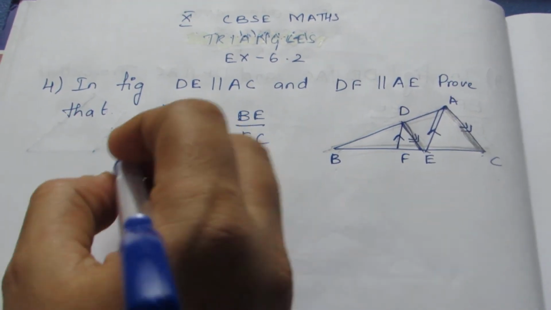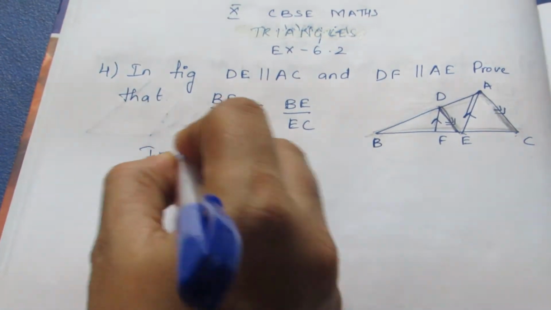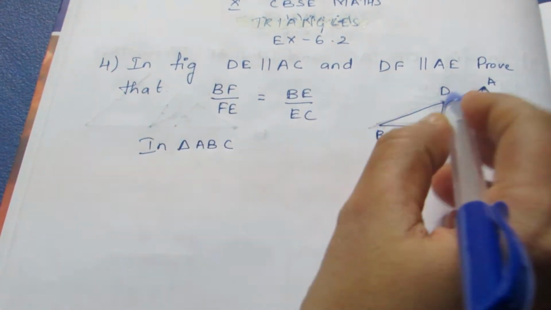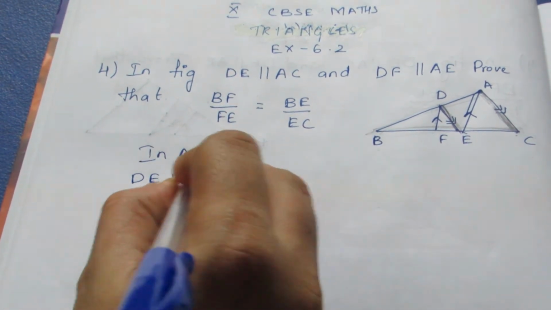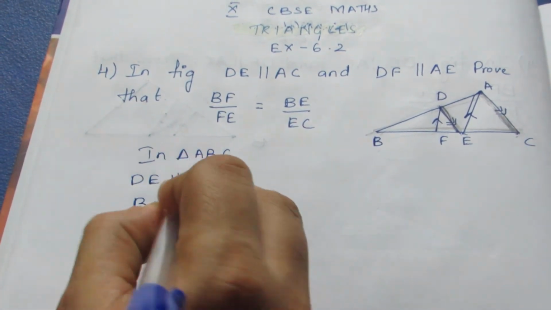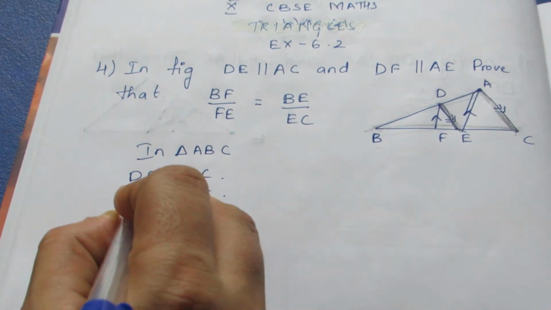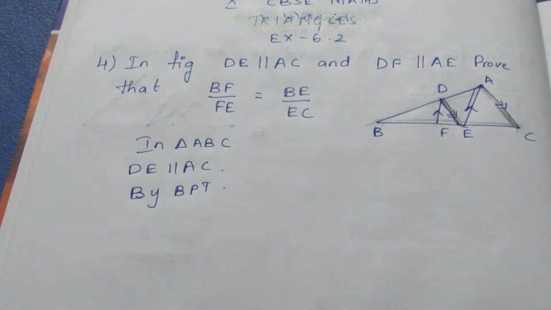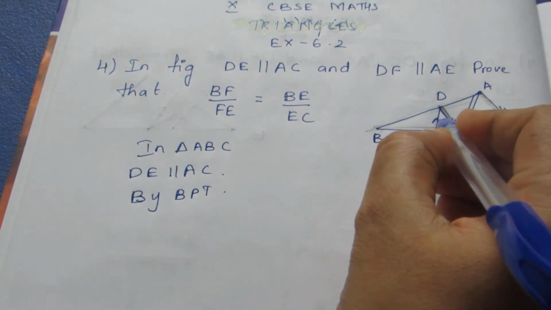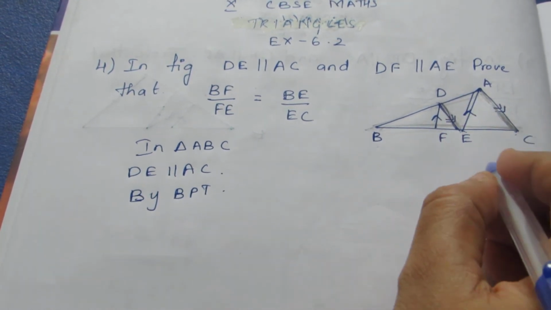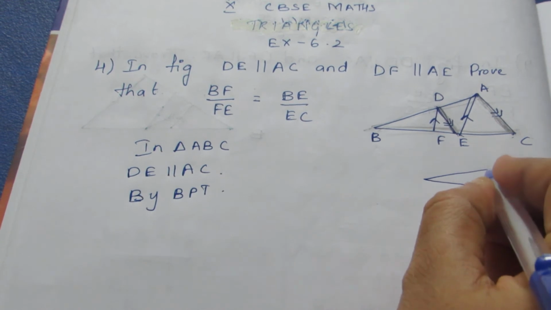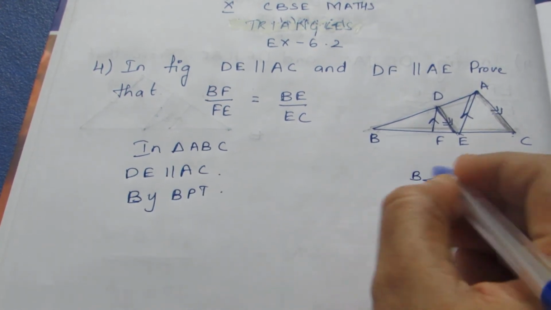So in triangle ABC, we know that DE is parallel to AC. So according to BPT, if it is parallel, go off with BPT. Forget these two lines, we know only these two lines, or otherwise draw a diagram of BDA.